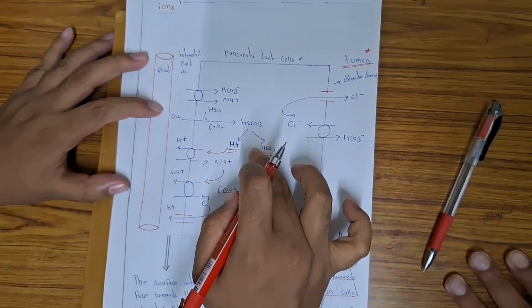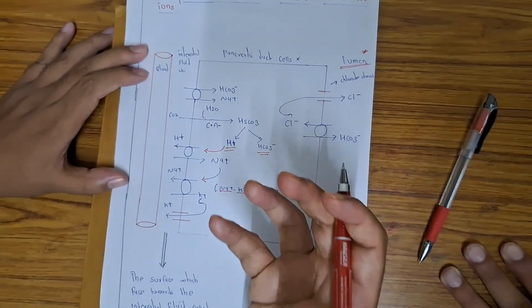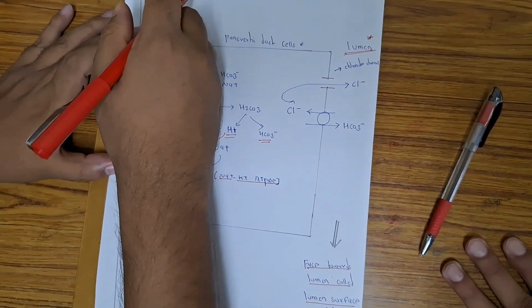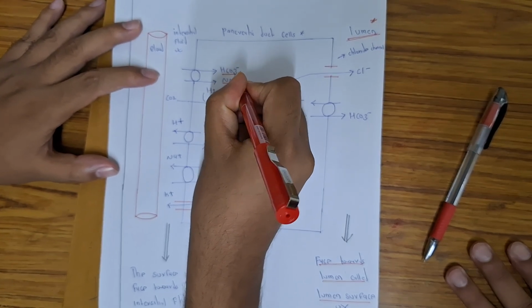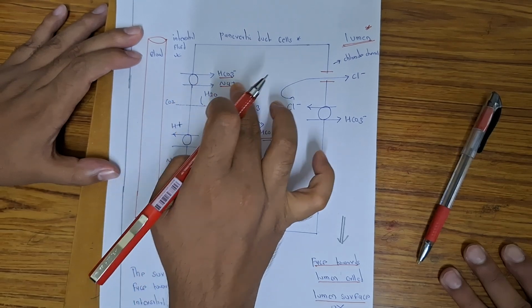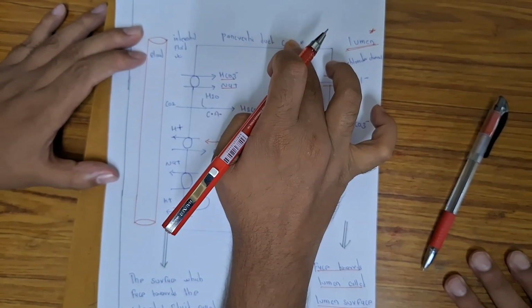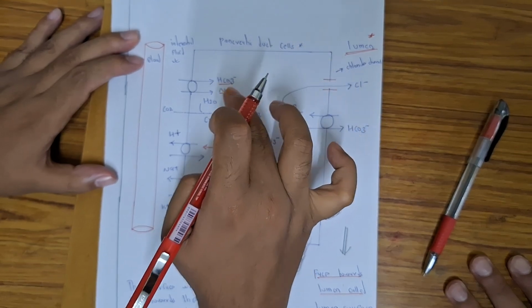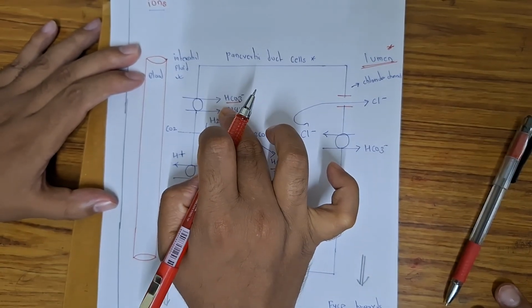And additional bicarbonate ions also come from the blood through the sodium bicarbonate ion co-transport, along with sodium, into the pancreatic ductal cells.